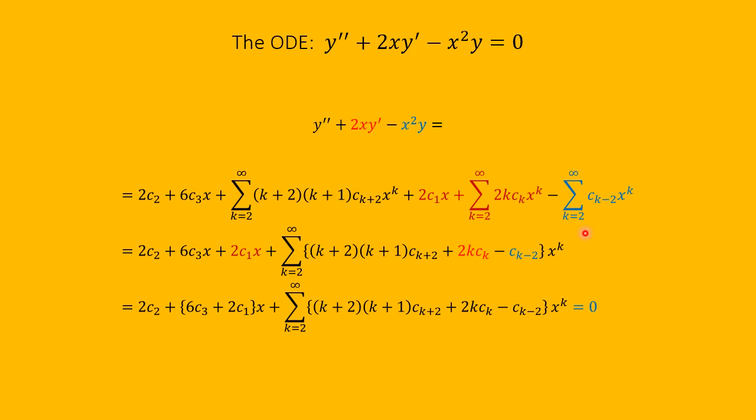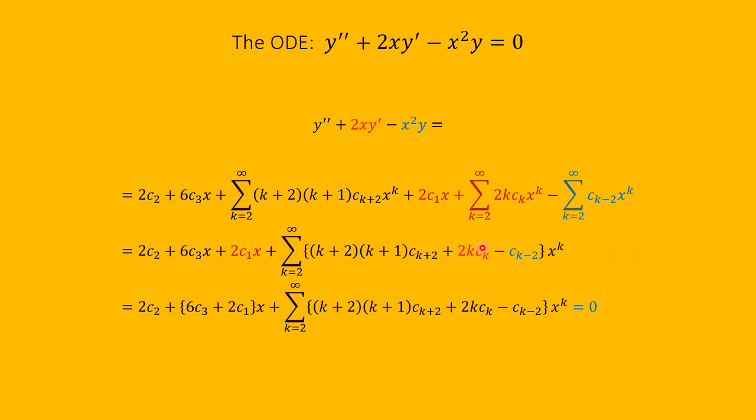Now, why did we do this? It's because now we have a sum involving k equals 2 to infinity and an x to the k here. Here we have a sum k equals 2 to infinity, x to the k here. And here, sum k equals 2 to infinity and an x to the k here.